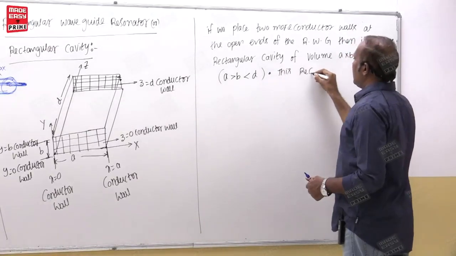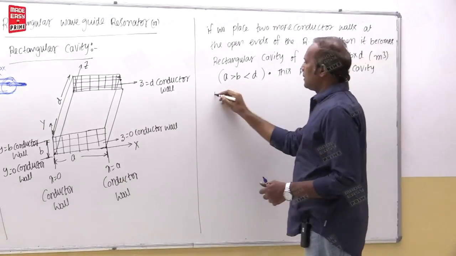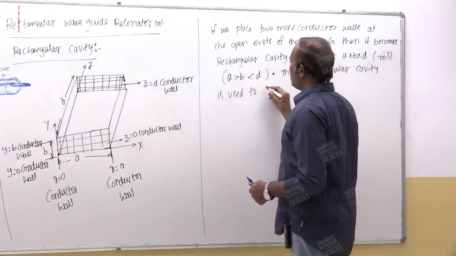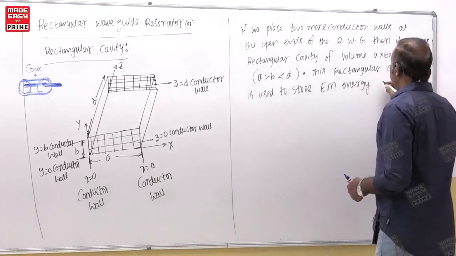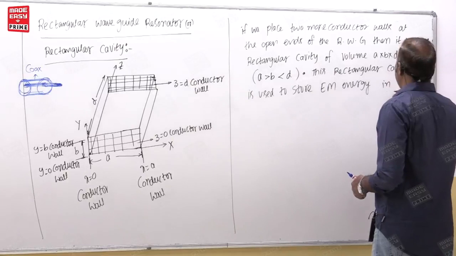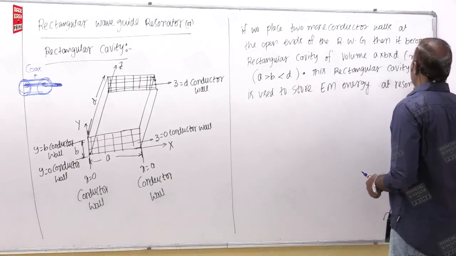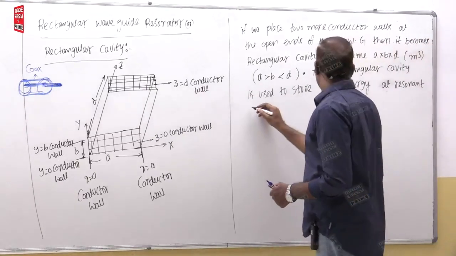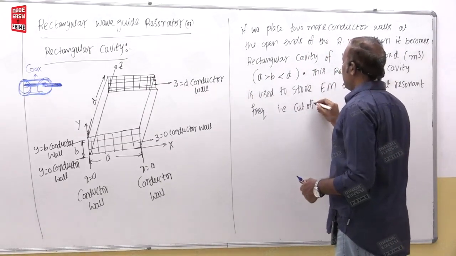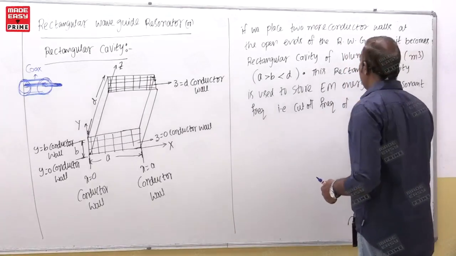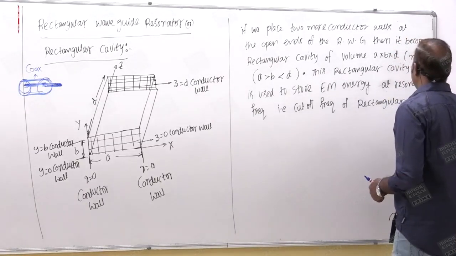Okay. So this rectangular cavity is used to store electromagnetic energy at resonant frequency, that is the cutoff frequency of the rectangular cavity.